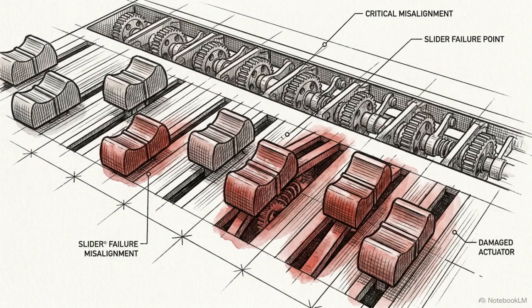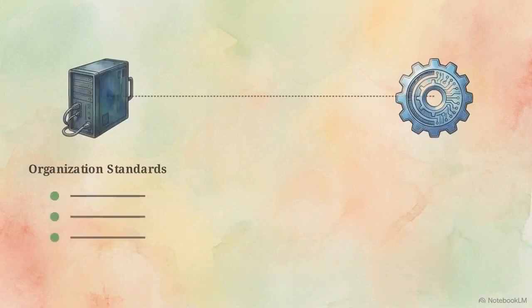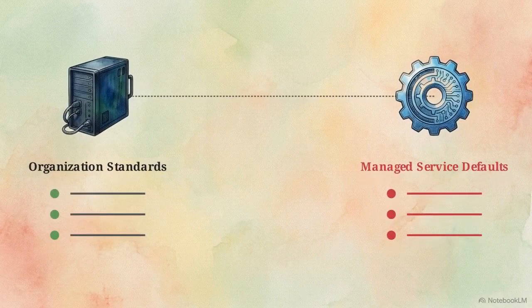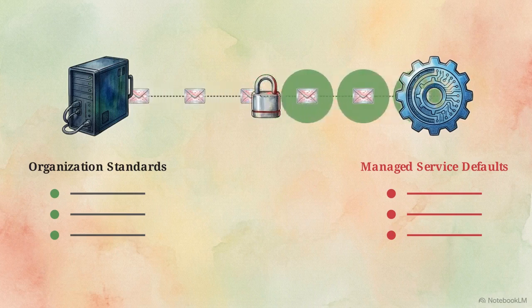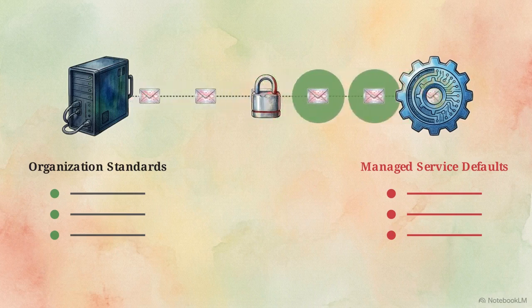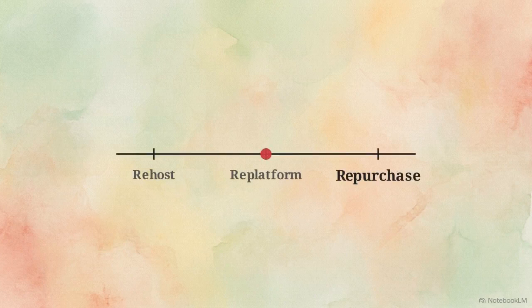However, this introduces the risk of configuration drift. The managed service comes with its own default security posture, which may fail to match strict organizational policies. And during the actual data migration phase, strict encryption in transit is mandatory to prevent interception while moving records into the new managed service.